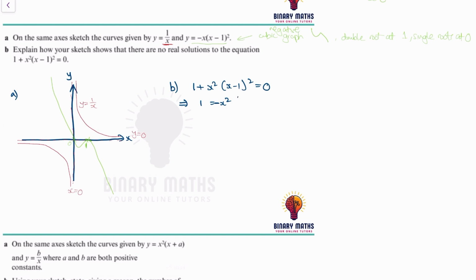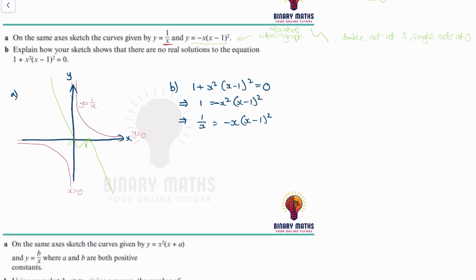If I now divide both sides by x, then I get 1 over x is equal to negative x times x minus 1 squared. So solving the first equation is the same thing as solving this last equation.